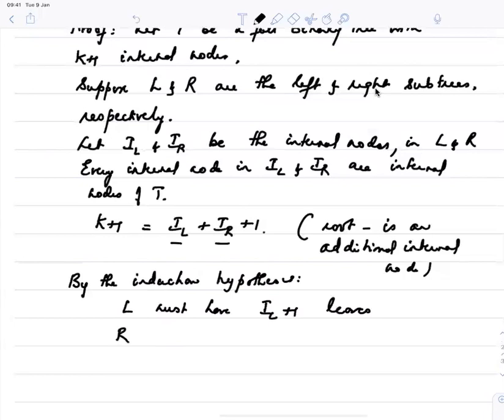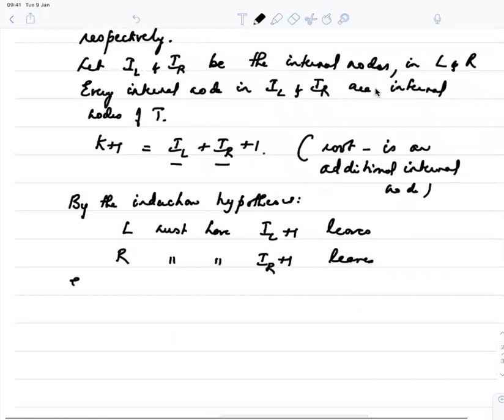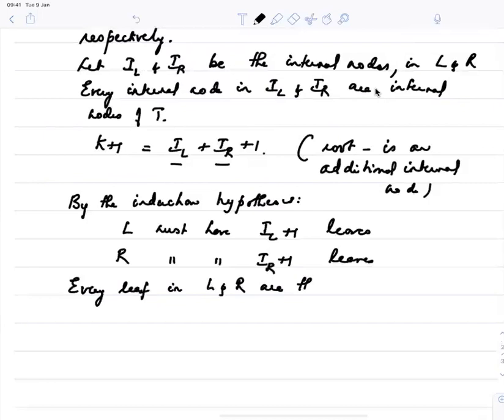Similarly, R must have IR plus 1 leaves. Every leaf in L and R is a leaf of T. Right? No problem about this.